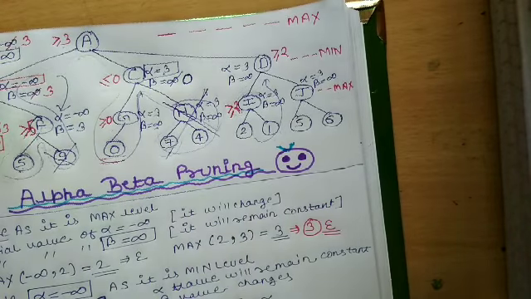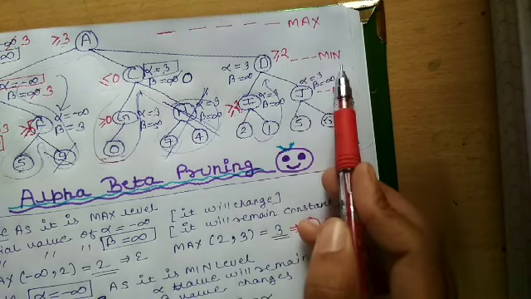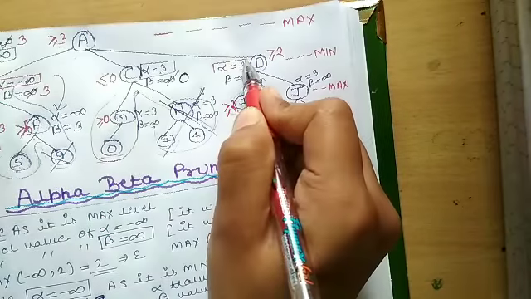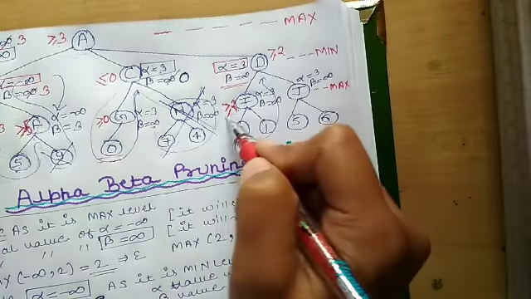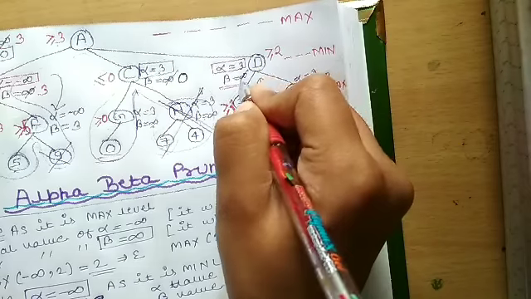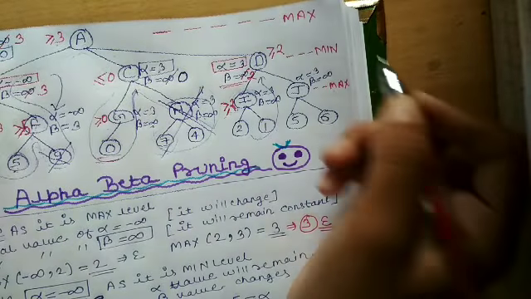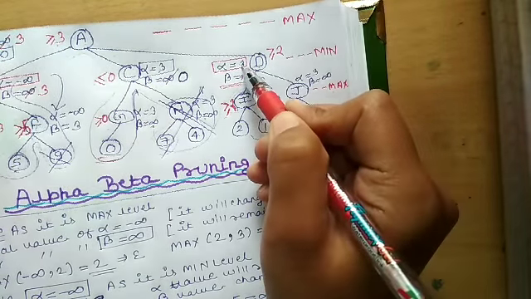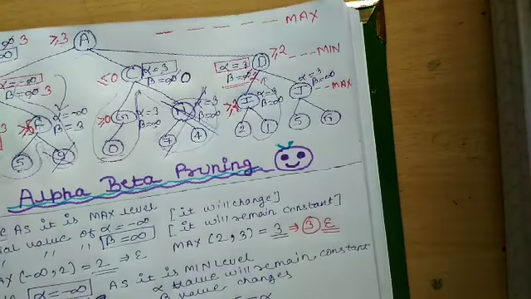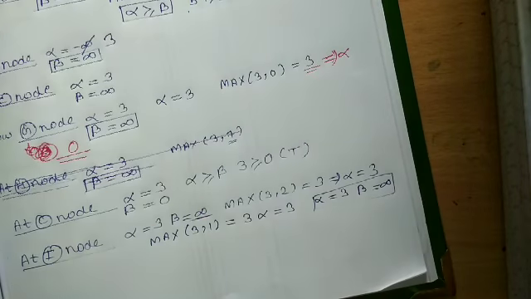Okay, and it will also change the values of alpha comma beta. See, it is a minimum level, so alpha value will remain constant, beta value will change. What value it will take? It will make it as 2, so beta will become 2. Here 3 comma 2 value at D node, value of alpha is 3, beta is 2. So it is a pruning case.